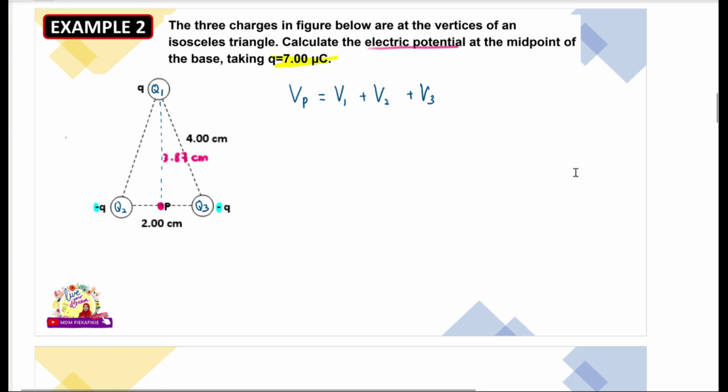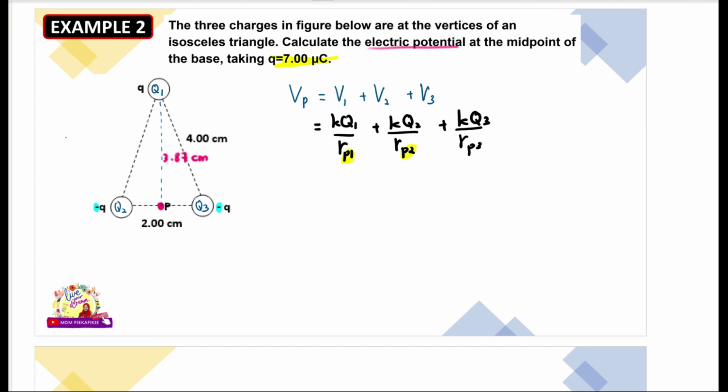Now let's substitute. We have KQ1 over RP1. Kenapa saya tulis RP1? Saya suka tulis macam ini supaya saya tahu RP1 ni jarak antara point P dengan charge 1, supaya kita tak salah substitute nanti. Plus KQ2 over RP2 plus KQ3 over RP3.